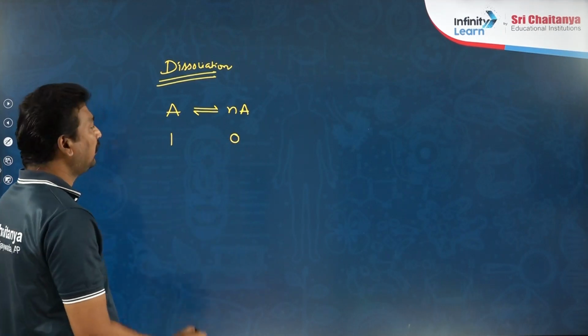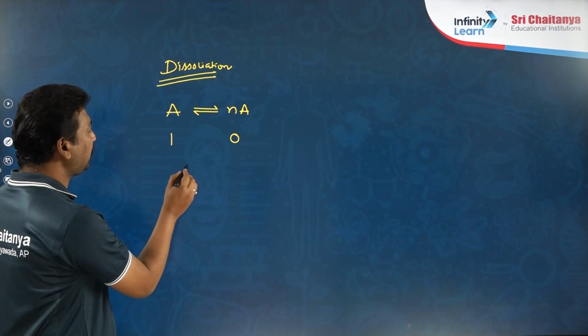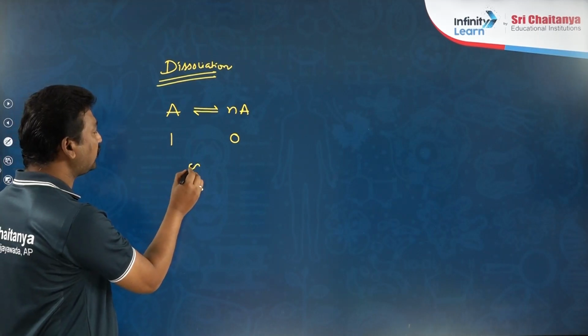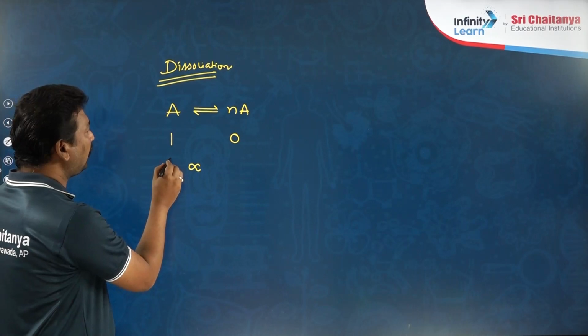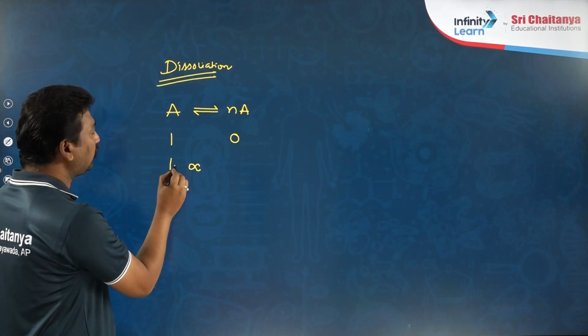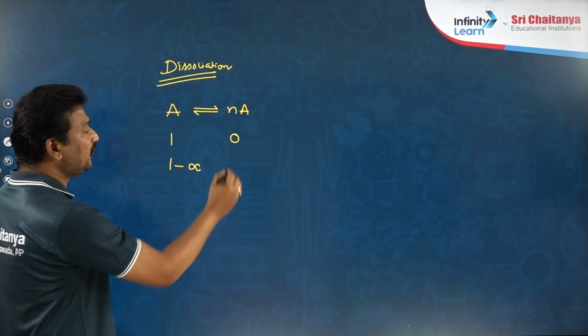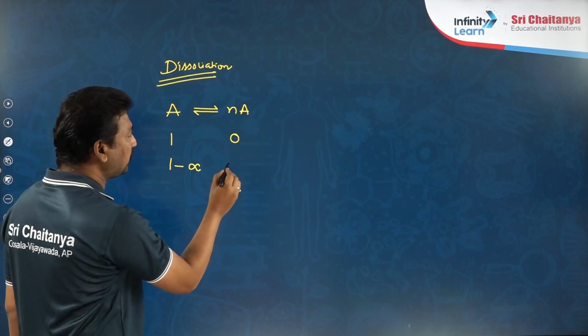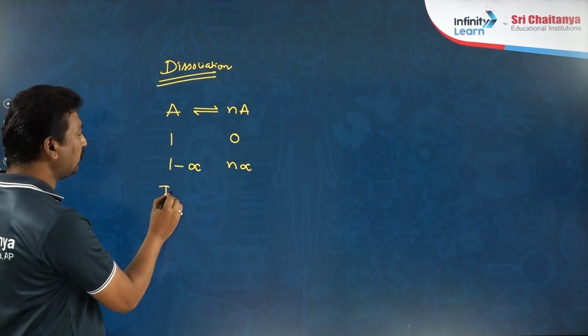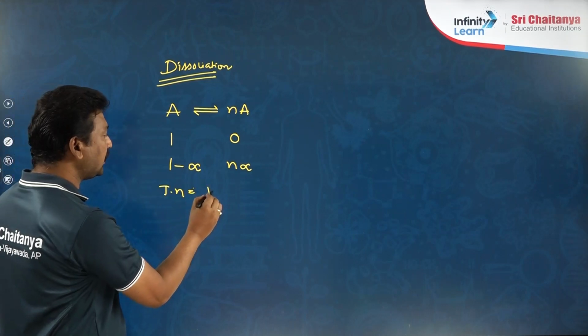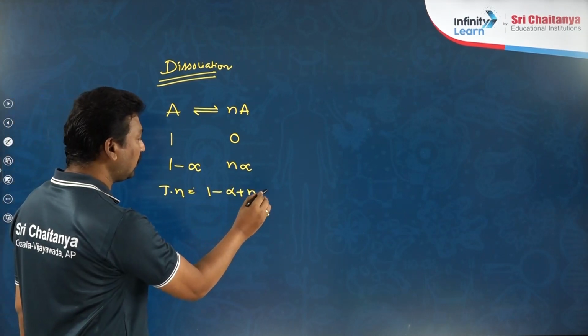After some time, if alpha is the degree of dissociation of the solute, the number of moles of the electrolyte would be 1 minus alpha. For n moles of ions, the number of moles of ions would be n alpha. Then the total number of moles would be 1 minus alpha plus n alpha.